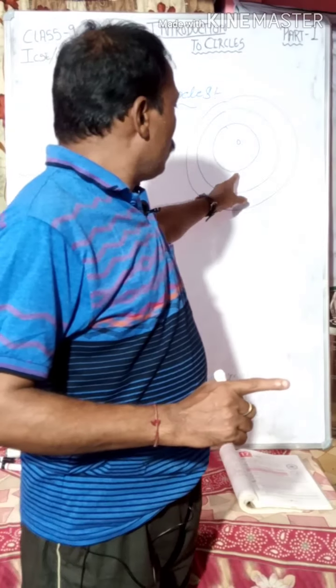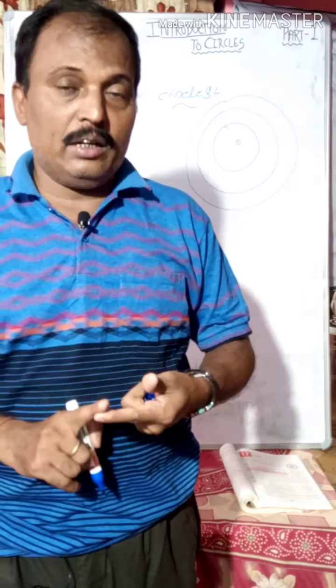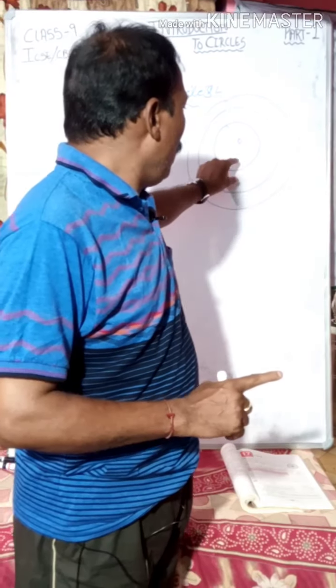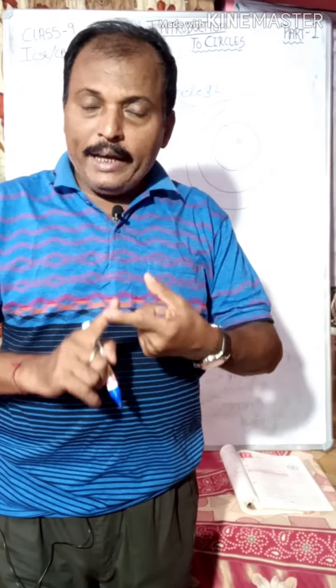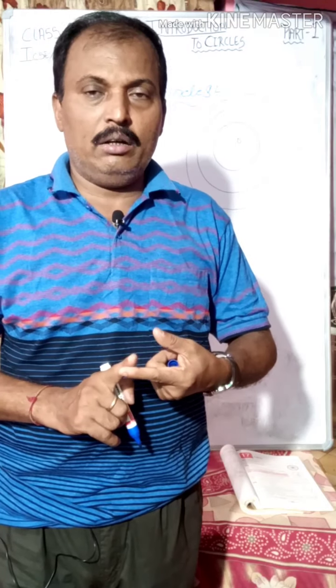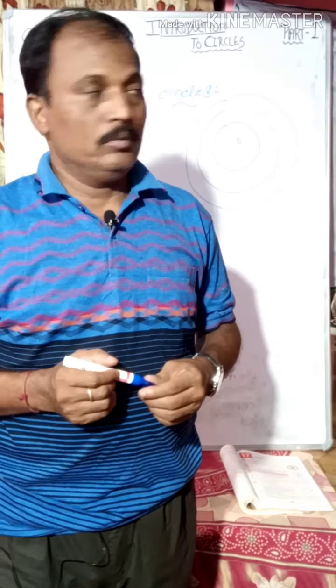Two or more circles with one center are called concentric circles. Understand?